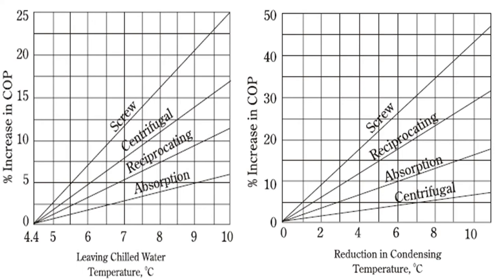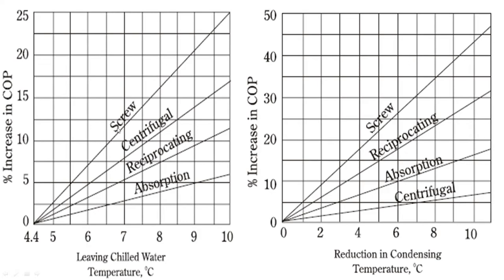The effect of evaporating and condenser temperatures are given in this table. So here we have on the x-axis the temperature leaving chilled water in degrees centigrade, and on the y-axis we have increase in COP. See, for absorption refrigerators, we have the low increase in COP with the temperature leaving chilled water, where it slightly increases from reciprocating, from centrifugal to screw compressors.